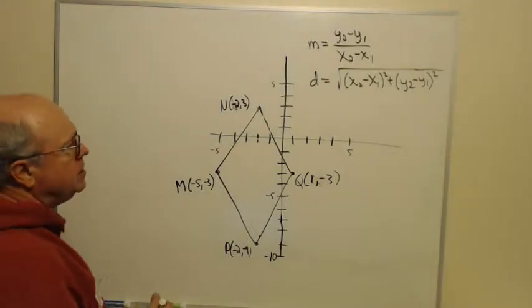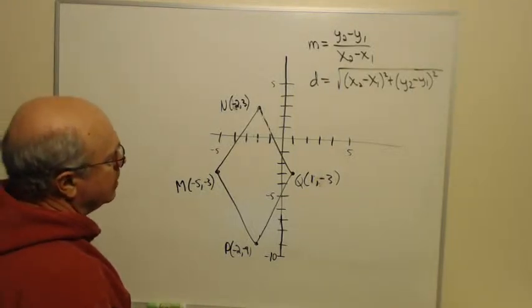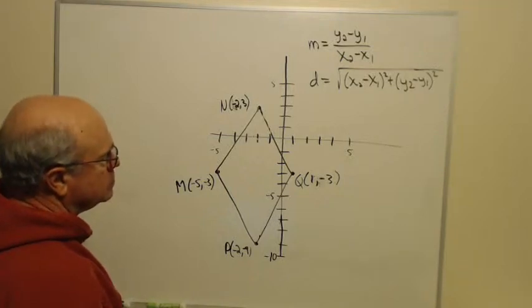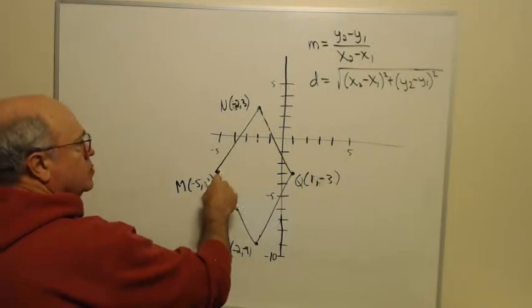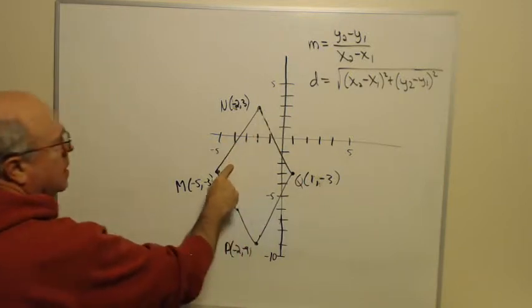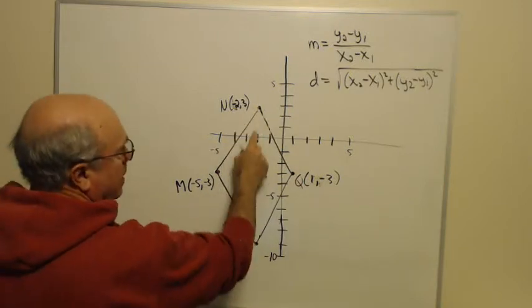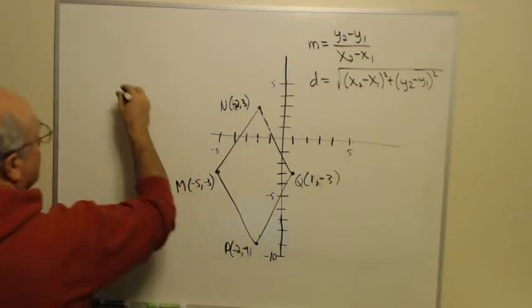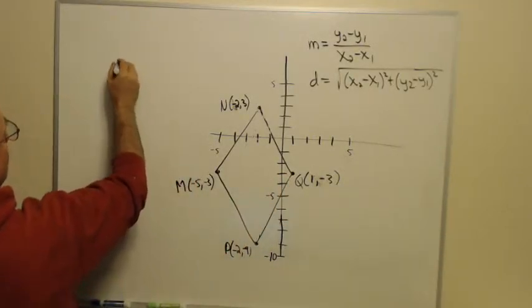If I wanted to see if this is a rectangle, I could, however, check the slopes. Let's see what we get for the slope of MN.